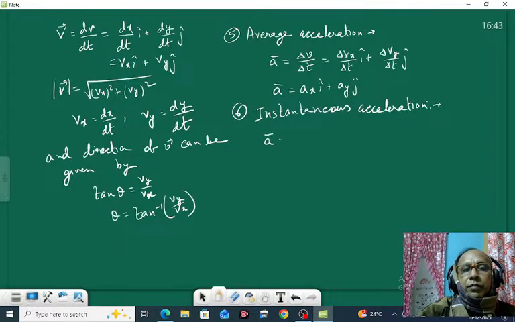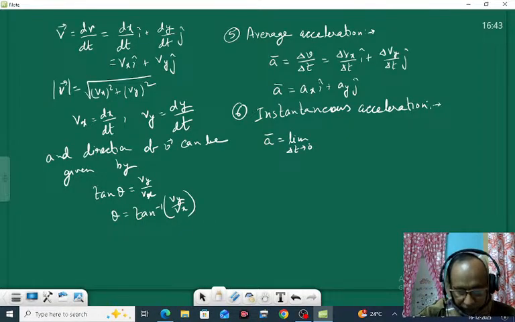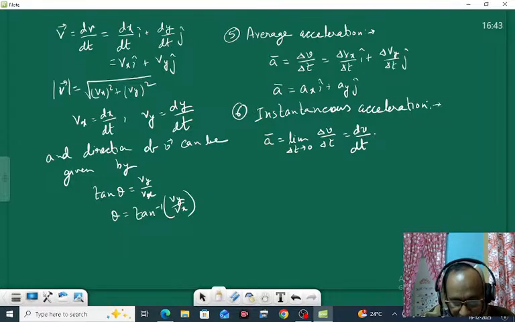You can write it this way: the limit del t tends to 0 of del v by del t, or you can write it as dv by dt, the rate of change of velocity with respect to time. That is instantaneous acceleration.